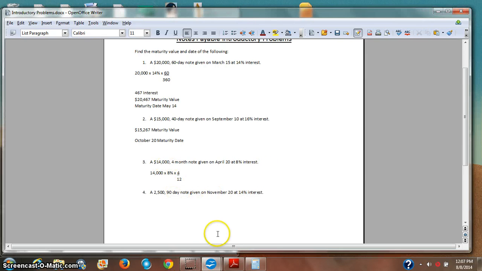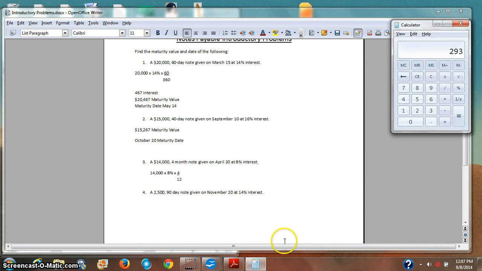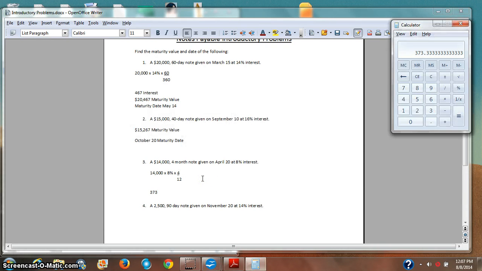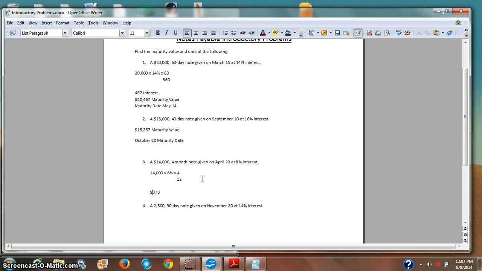There's my formula, 4/12, because I'm not doing it for a full year. I'm only doing it for 4 months of a year. So let me do the math on that one. 14,000 times 8% times 4 divided by 12. There. It's $373. I round down on that one. That's my interest there. And my maturity value is going to be $14,373. I can just do that in my head.